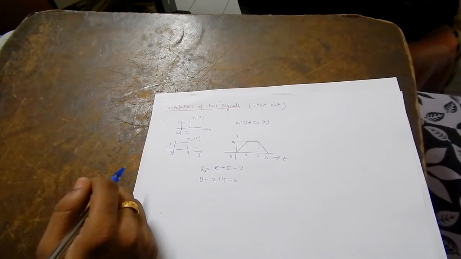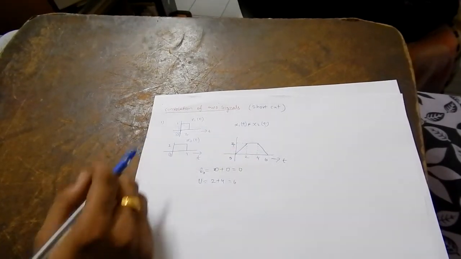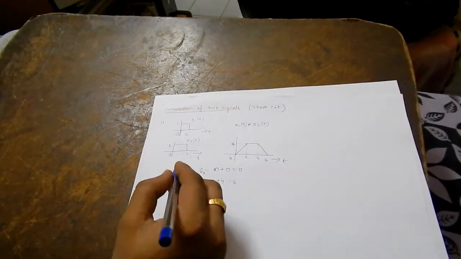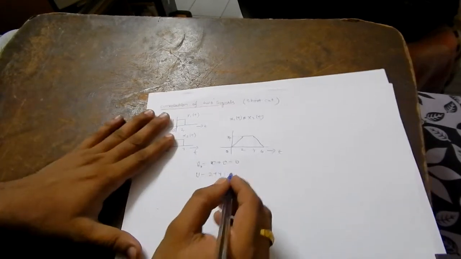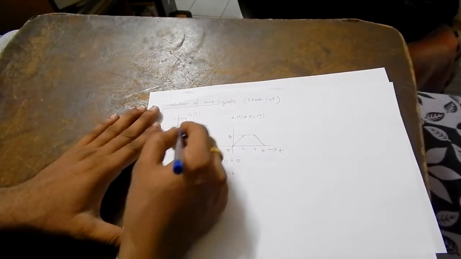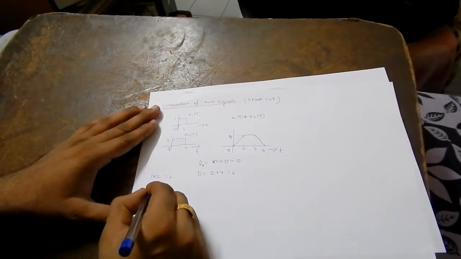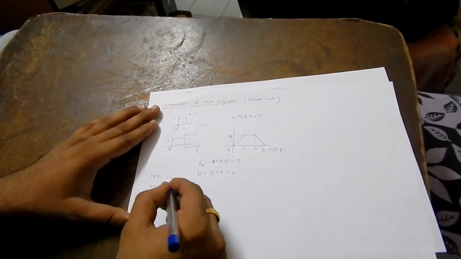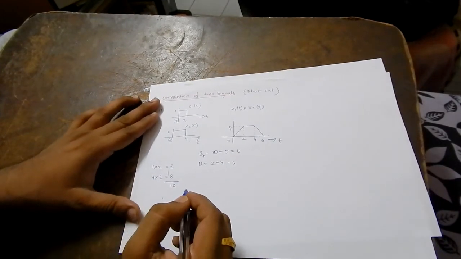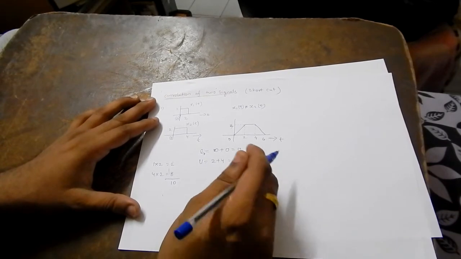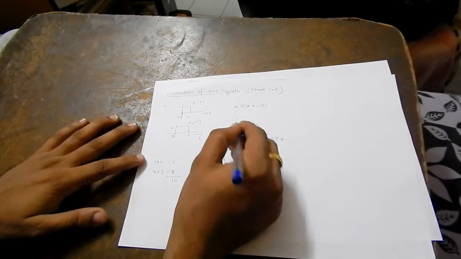Okay, so how can we say whether this signal is correct or not? Just see. I'll find out this area. This is 1 into 2. This area is 4 into 2, that is 8. Add these two and we get the value 10. Right? So here also, do the same: what is the total area for this signal?